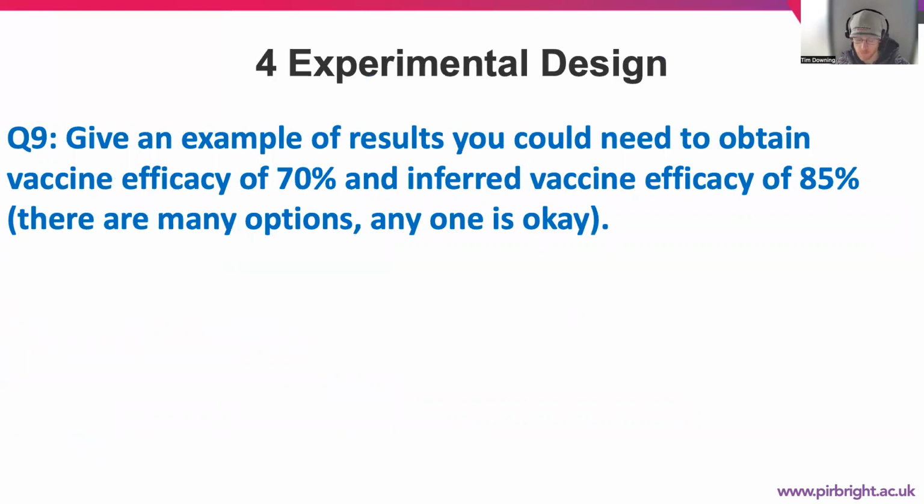And then going back to vaccine efficacy, you can infer, then deduce, what results would you need to obtain a vaccine efficacy of 70% and an inferred vaccine efficacy of 85%. Obviously, there are many options for calculating the underlying data for this, but any one is okay.